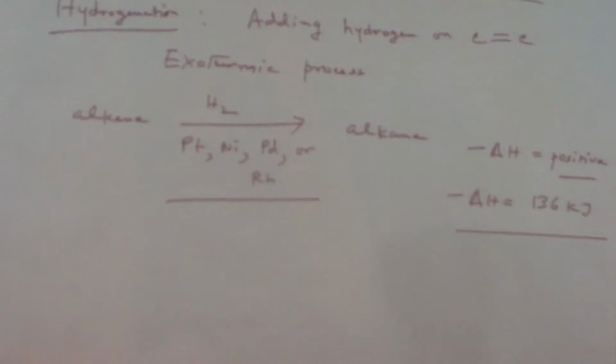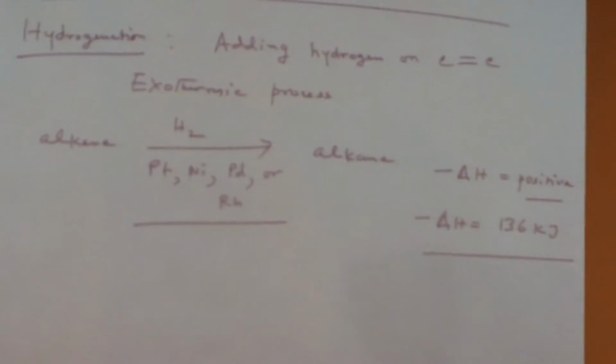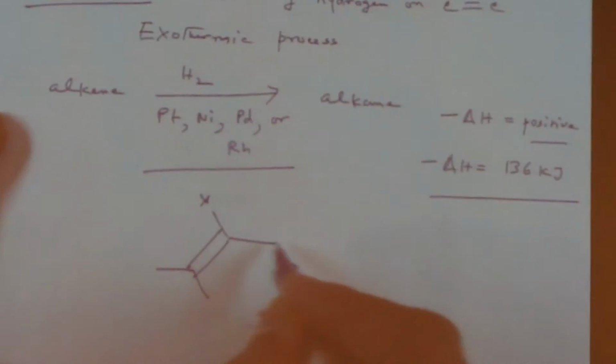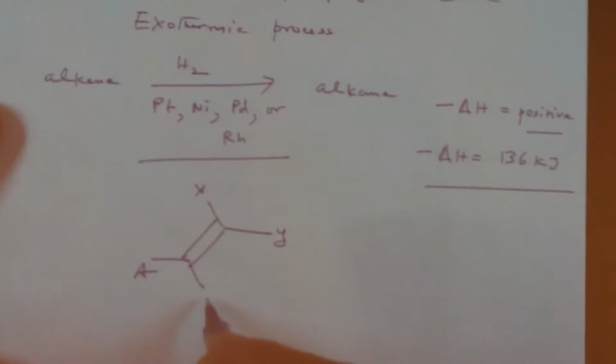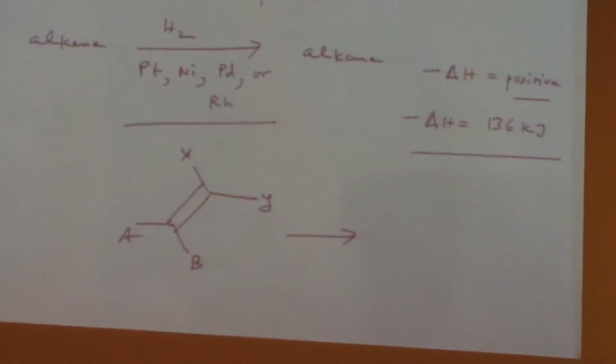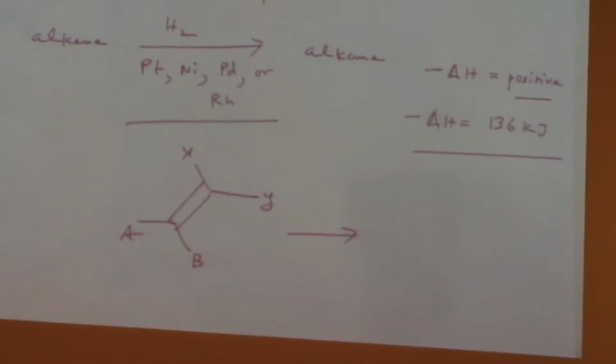Now, one of the consequences that was initially noted is that the hydrogen is added from the same side. In other words, the addition can take place either syn or anti. The way we can look at it is, let's say you have a double bond, and now it can be added from two different sides.